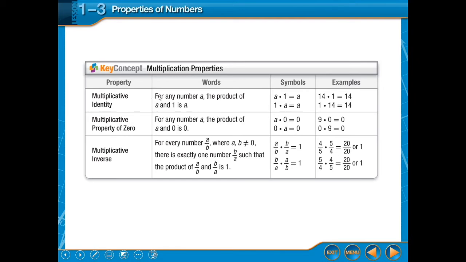Multiplicative identity. We had an additive identity. You also have one if you multiply.